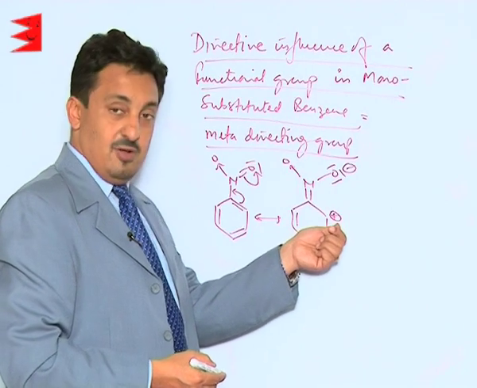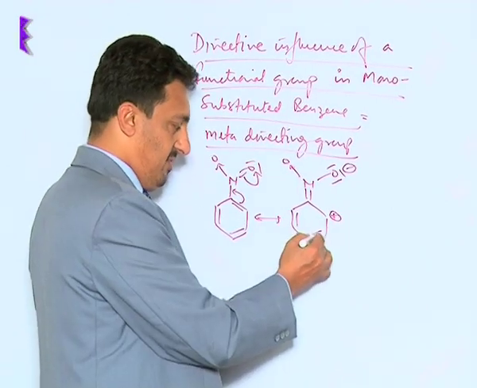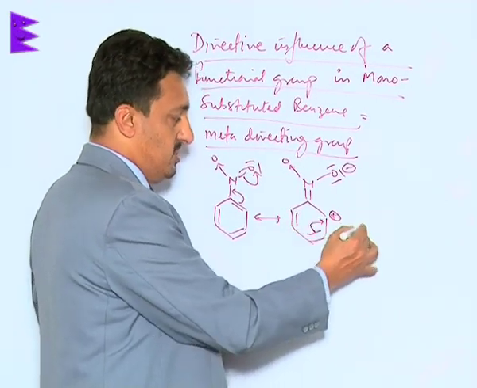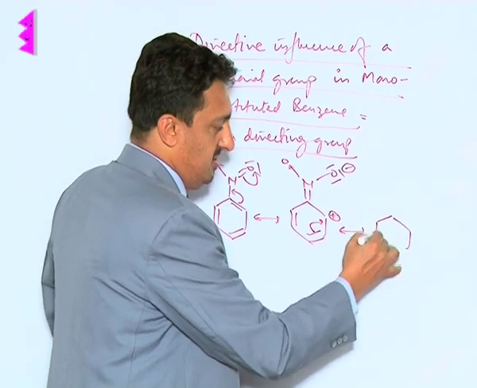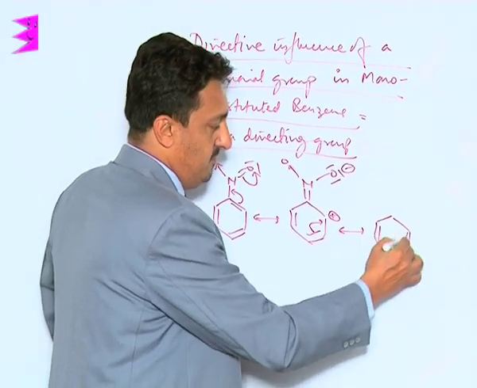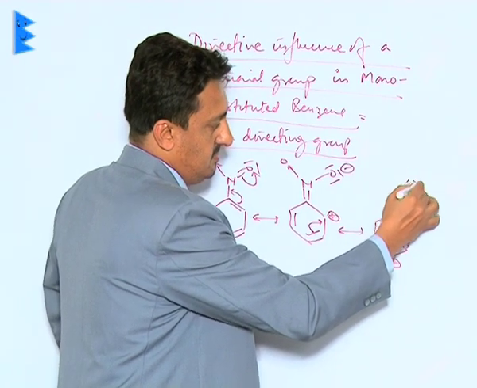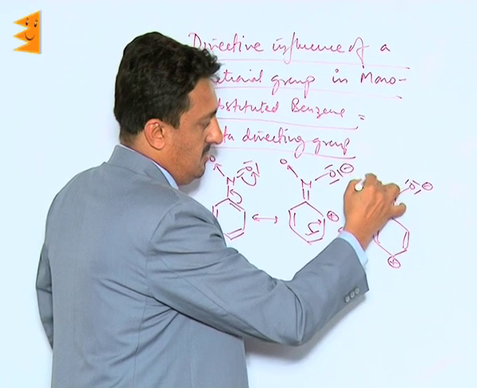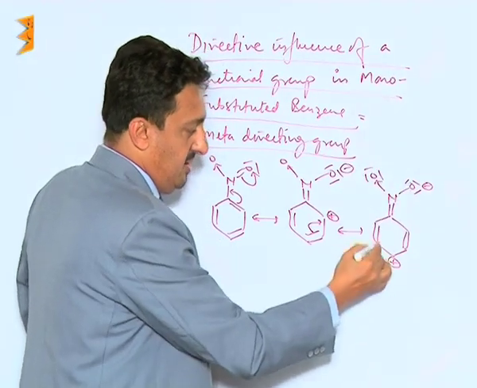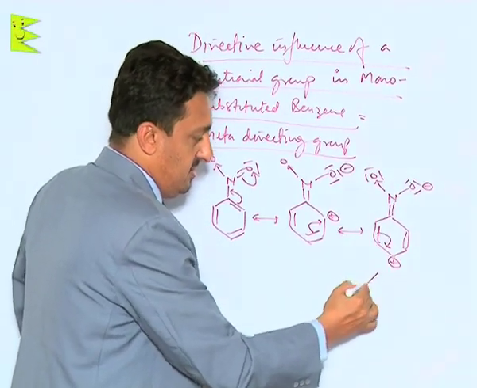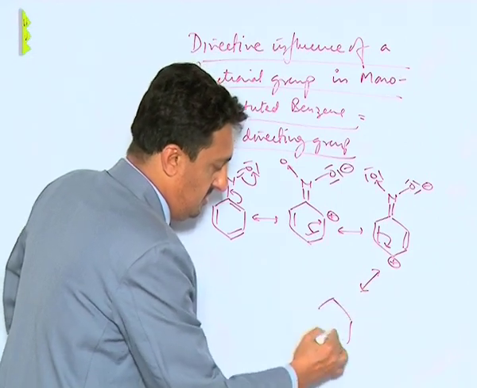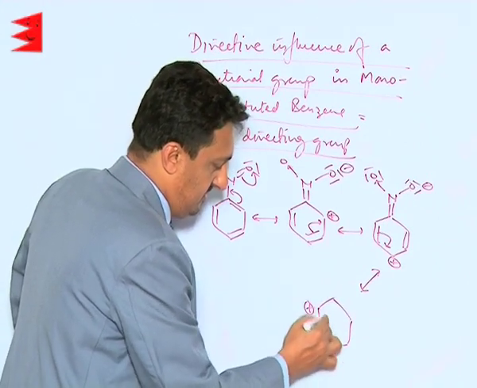Now this carbon at ortho position becomes deficient. It asks for the electrons from this next carbon. So this positive charge gets shifted to what? Para position, like this. These are the lone pairs I am drawing. From here it again shifts to what? The ortho position, like this.